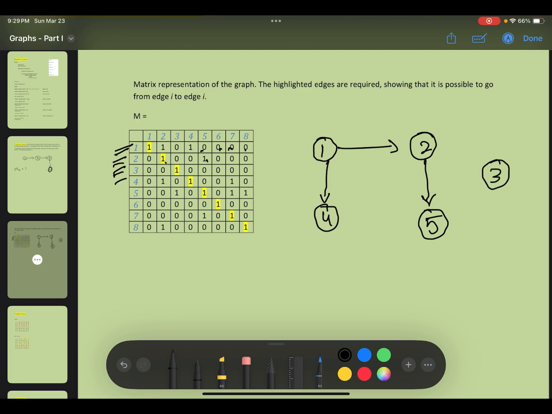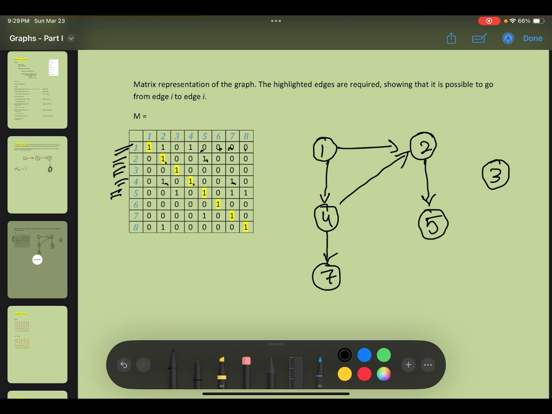Thinking about vertex 4, we can see that 2 is reachable from 4, 4 is reachable from 4, and 7 is reachable from 4. So there's a direct edge from 4 to 2, 4 to 4 and 4 to 7, right? So we'll take another vertex 7 and draw a direct edge here.